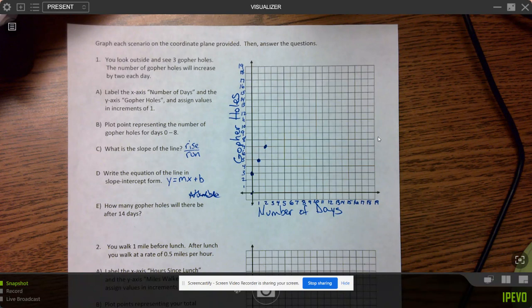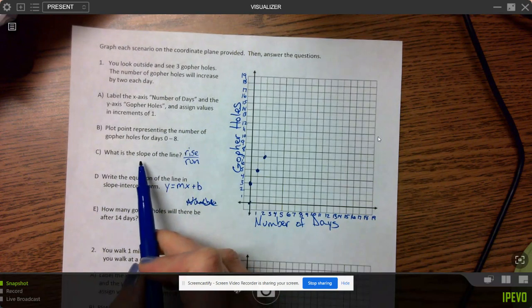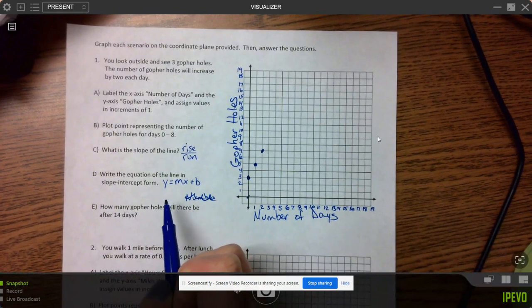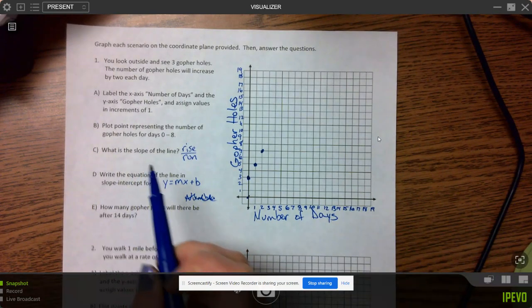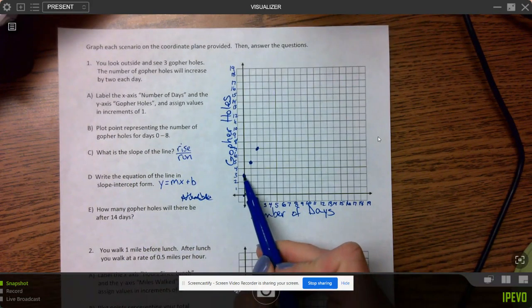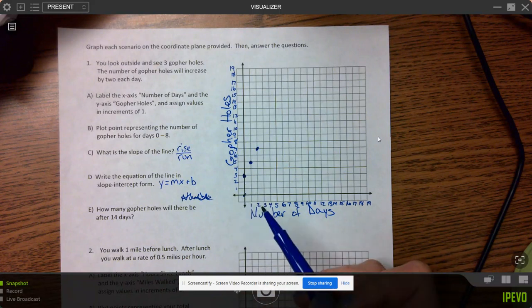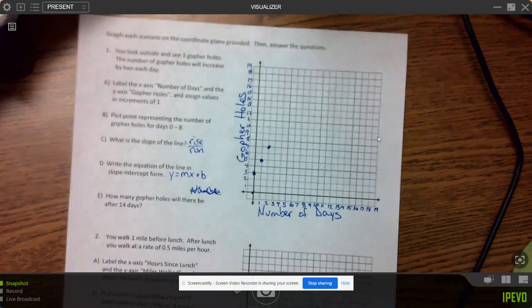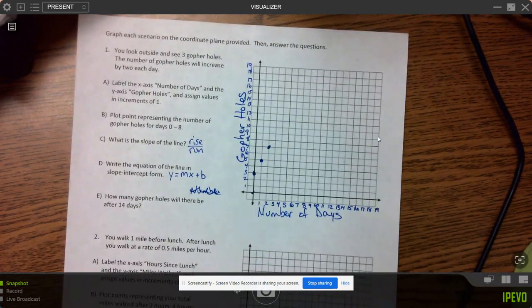You know what the slope is, because we just found the slope. So remember to look which of the letters stands for the slope. You should be able to figure out what the y-intercept is, because we have where it hits that y-axis. So what number are we going to put in for the y-intercept?